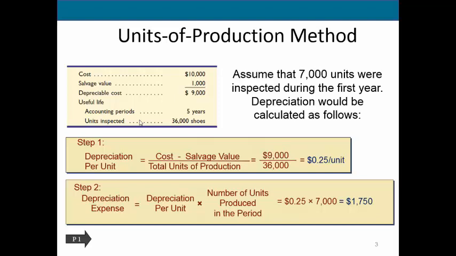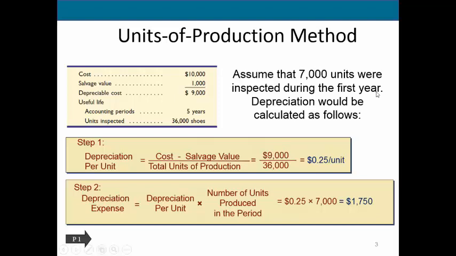So using units of production, we have to come up with our depreciation value per unit, and then we use that per unit amount to calculate our depreciation based on how many units were produced, or in this case, how many units we inspected each year. So the way we calculate that, our depreciation expense for the year is going to be the depreciation per unit, which is 25 cents per unit, multiplied by however many units we inspected.